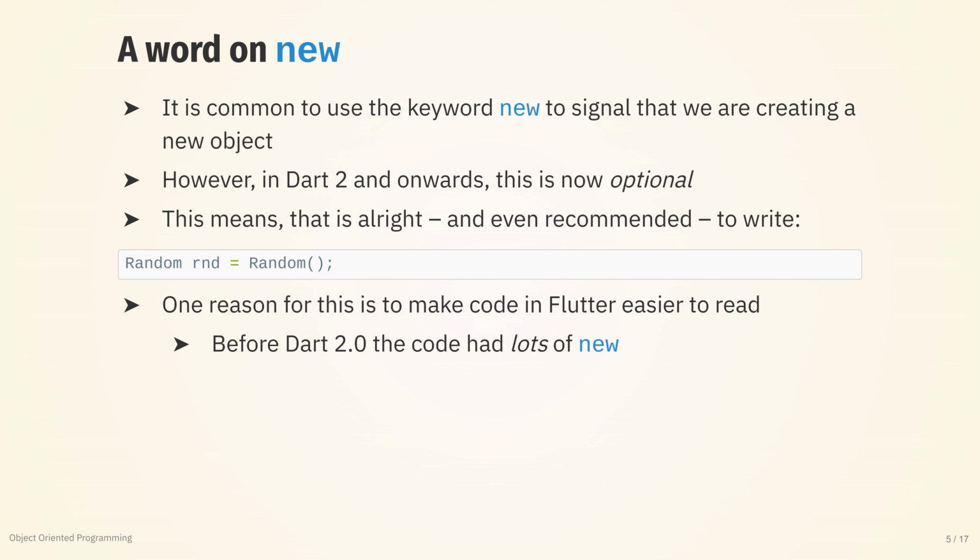You can say Random rnd is assigned Random parentheses, which is again the call to the constructor. So without the new, and that is the preferred way to do it. The reason for this is that it makes Flutter code much easier to read. Before we had this removal of the new keyword, there were a lot of new that you saw everywhere, but you should not put new in anymore.